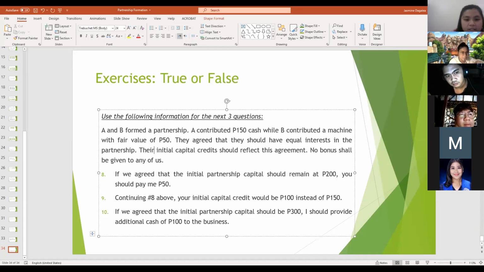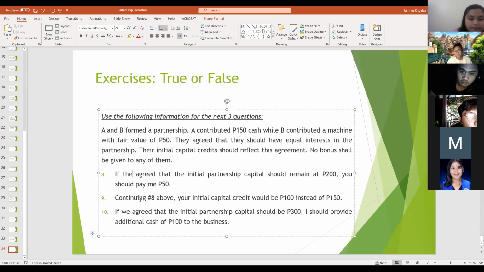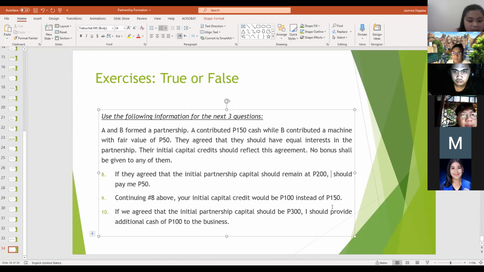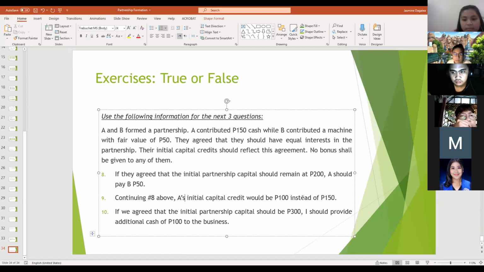Their initial capital credit should reflect this. If they agreed initial partnership capital should remain at 200, sino nga ba yung U and I? A should pay B 50. Yan. So, clear na ba?